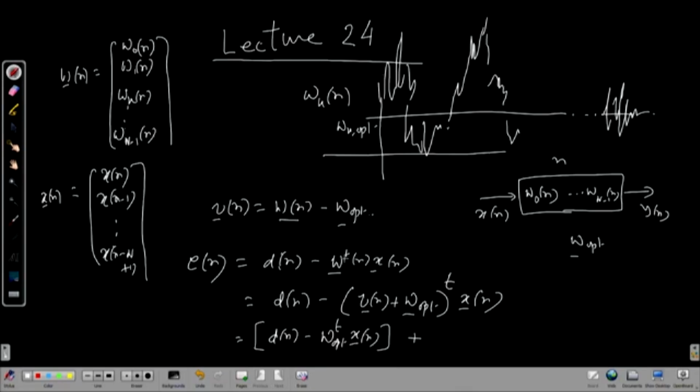If W n is W opt, it will be W opt transpose x n. So, when you put in the optimal filter, you get the best case, because y n and d n, their difference e n has minimum variance. That is how W opt was derived, that optimal filter R inverse P, by minimizing the variance of the output error between d n and y n. Okay, so that is the best case.